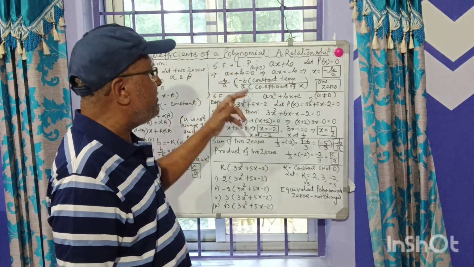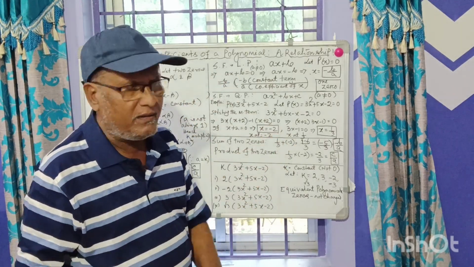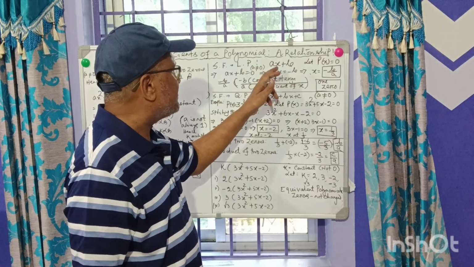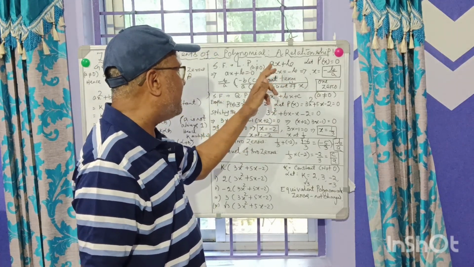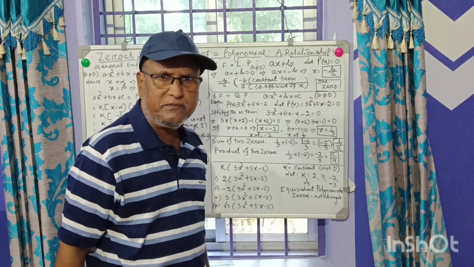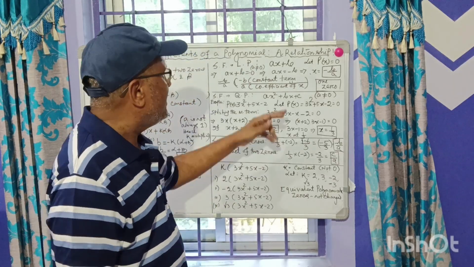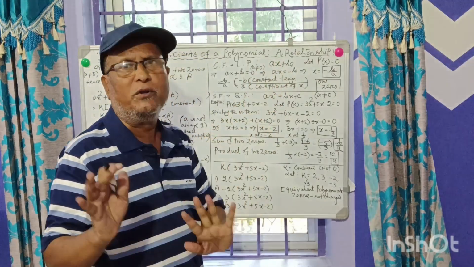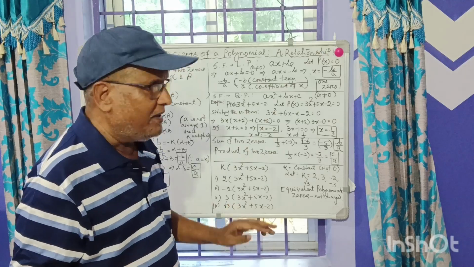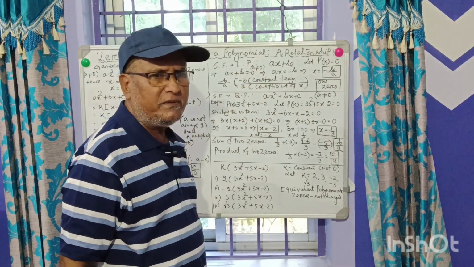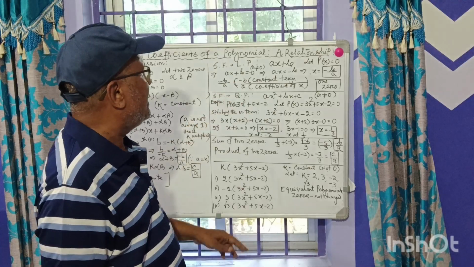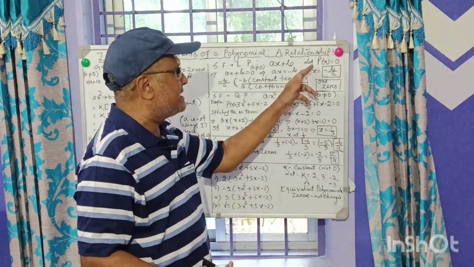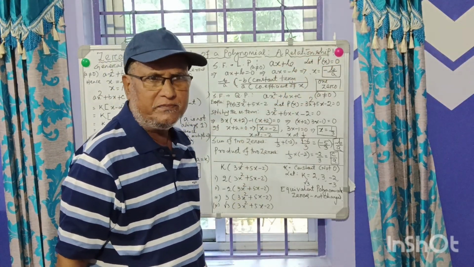The standard form of a linear polynomial is ax plus b, and here a, the coefficient of x, is not equal to 0. If it becomes 0, then the term will be a zero polynomial. So the condition here is a is not equal to 0. Now let the polynomial p(x) be 0.